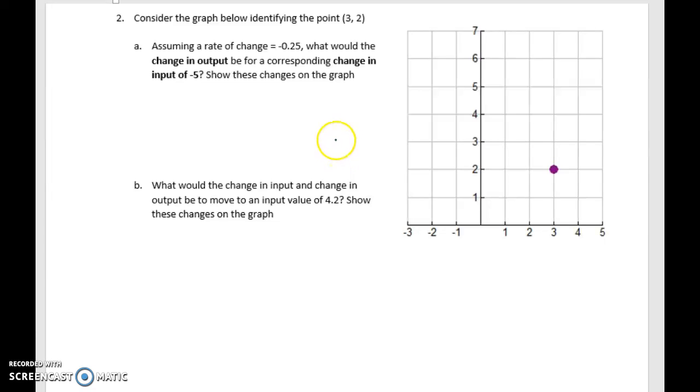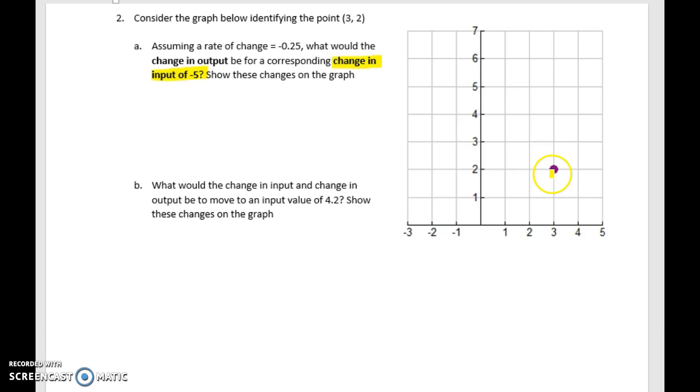We want to look at how change in output and change in input will look graphically. So we know that we're starting at this point (3, 2), and we have an assumed rate of change of negative 0.25. We want to know what the corresponding change in output is if the change in input is negative 5.